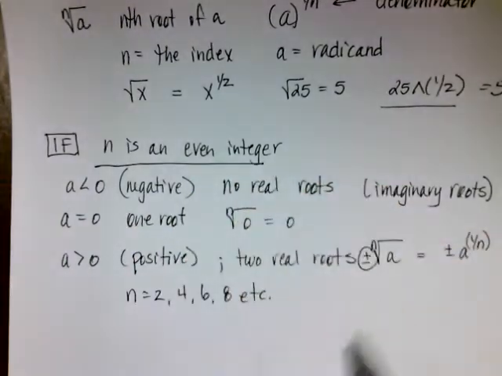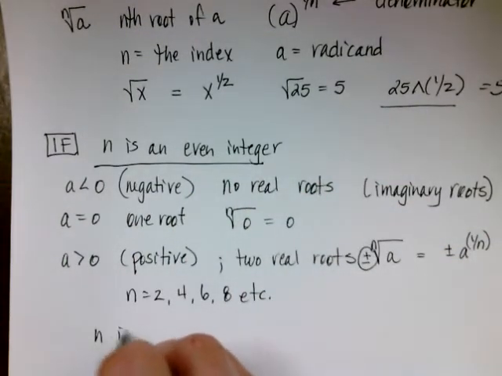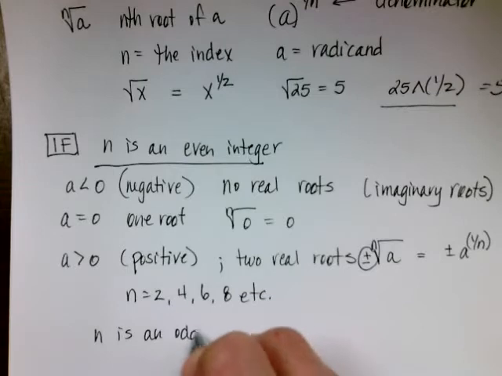Now I'm going to do what happens if n is an odd integer.